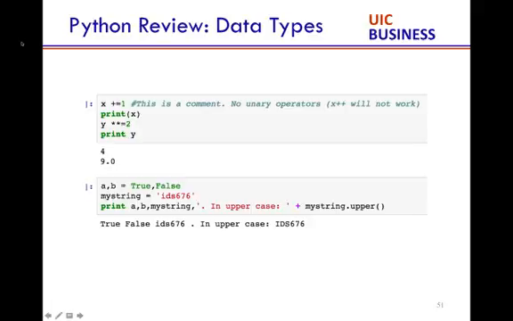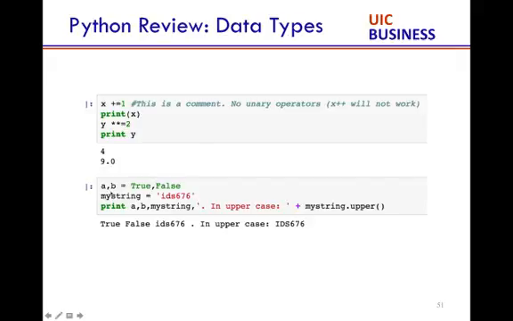And the double star operation, so y double star equal to 2 just means raise y to the power of 2, okay. So y, if you remember from the previous slide, was 3.0, so 3.0 to the power 2 is 9.0, okay. And I incremented x by 1, x was also 3, so 4, okay.